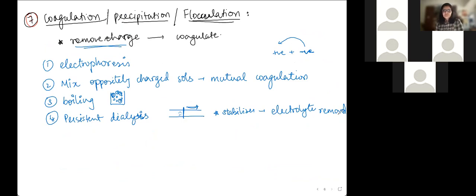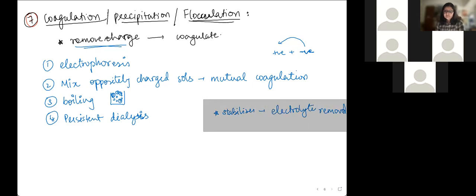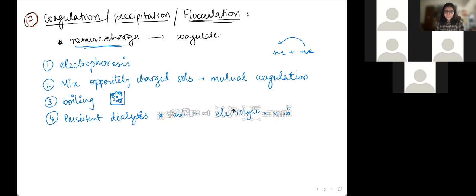If the electrolyte is removed, then there is no charge on the particles, the colloidal particles end up being unstable, and coagulation occurs, like the precipitate comes out of the mixture. So in persistent dialysis, what causes the coagulation is the removal of the electrolyte, basically the removal of the charged particles. And finally, the last method is adding more electrolytes.